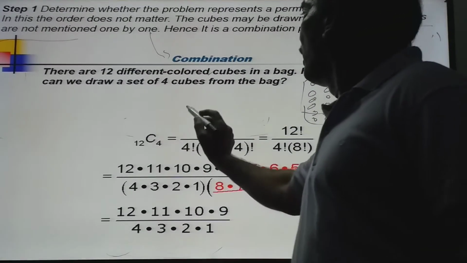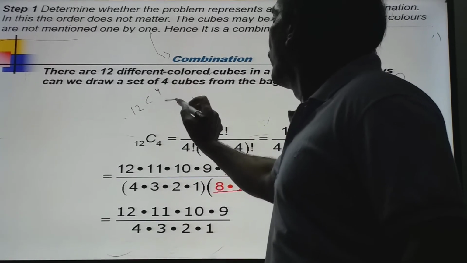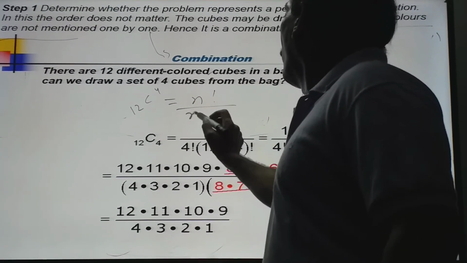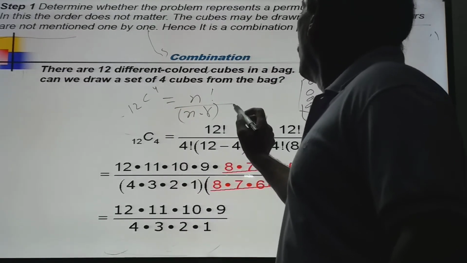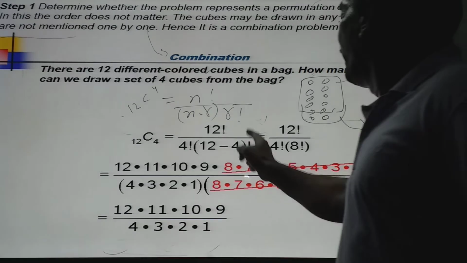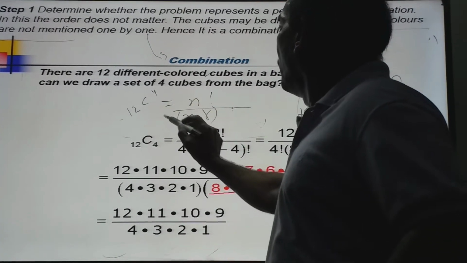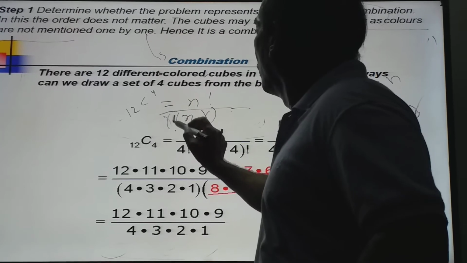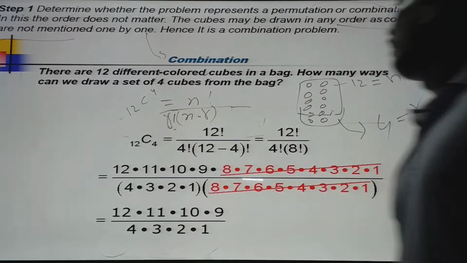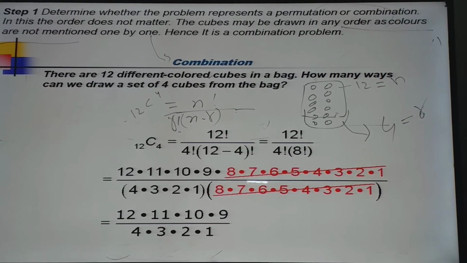Combination formula, 12C4, is equal to n factorial upon n minus r factorial, and you have got 2 terms in the denominator, and then the r factorial. You can write r factorial here or here, in multiplication it is the same thing. So n is equal to 12, 12 factorial.